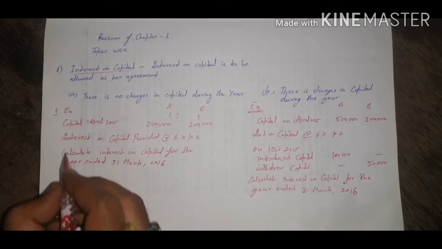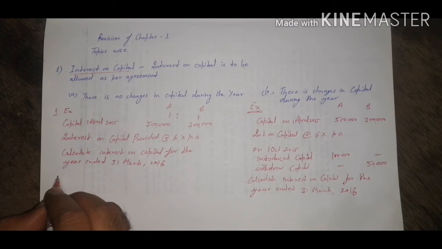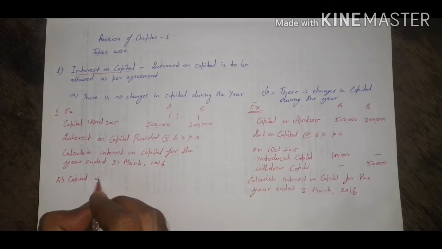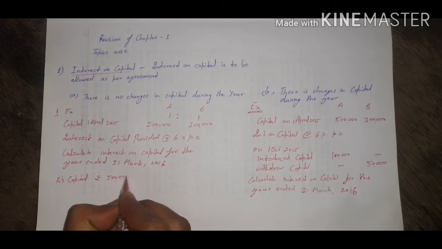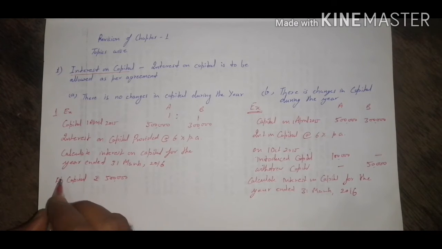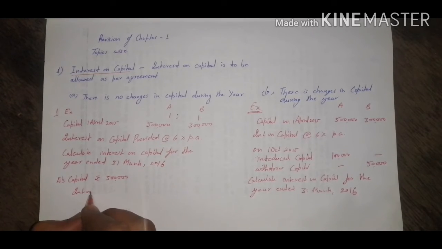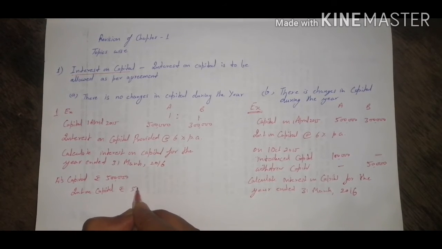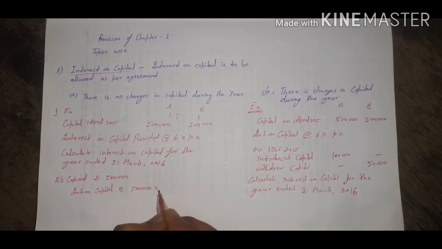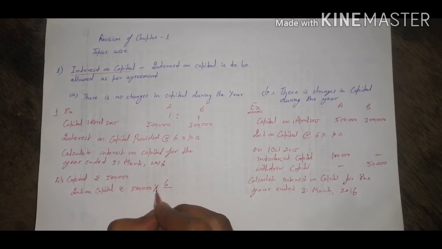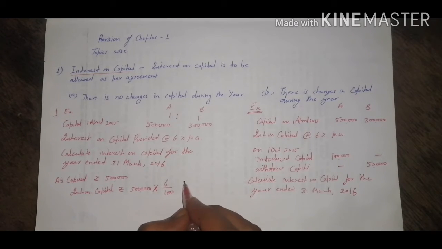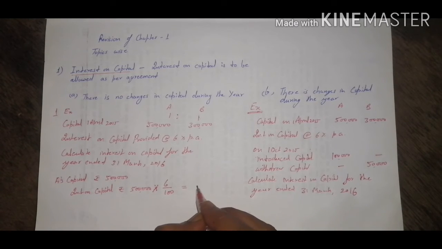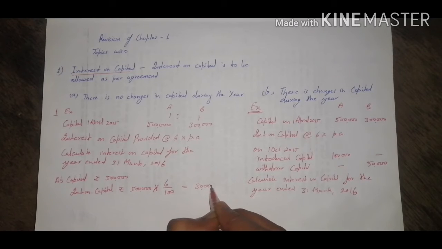First example, A's capital is rupees 5 lakh during the whole year. Interest on capital, rupees 5 lakh at the rate of 6% is equal to 30,000.